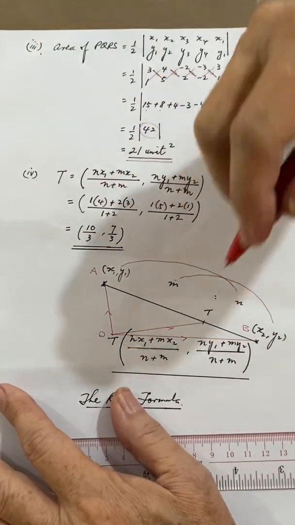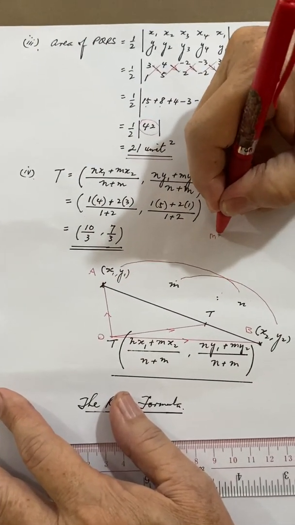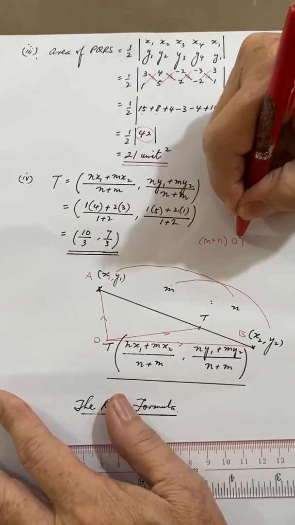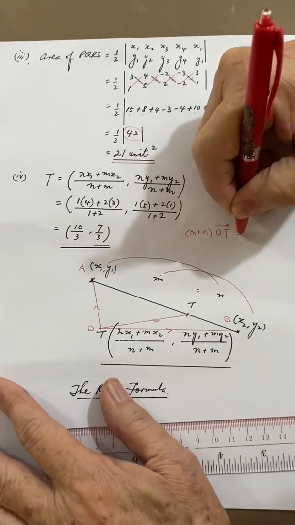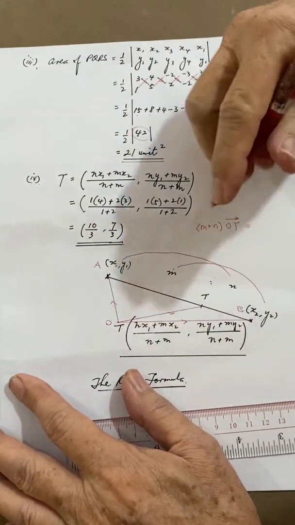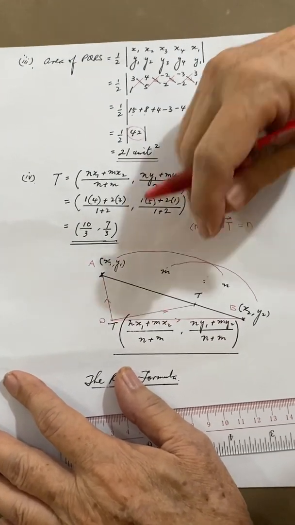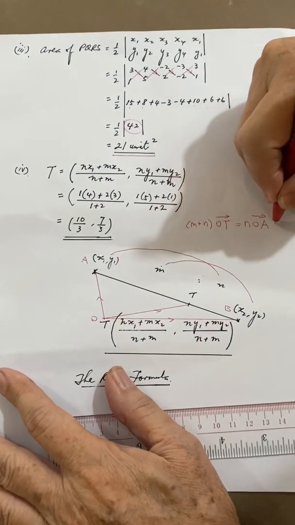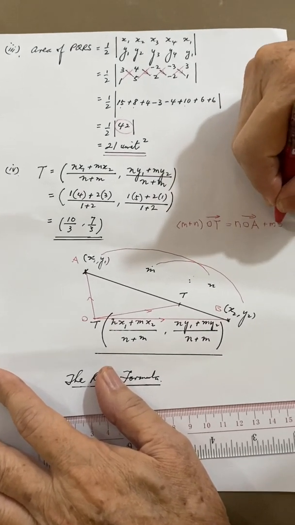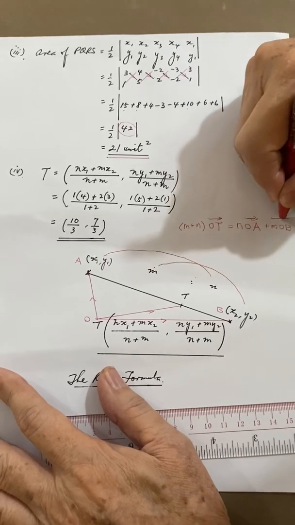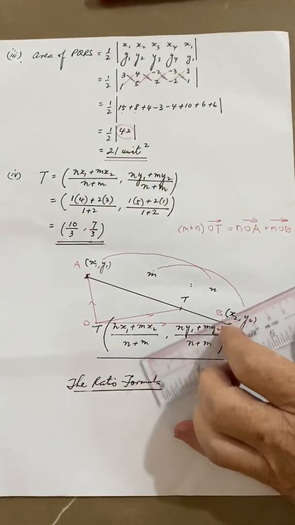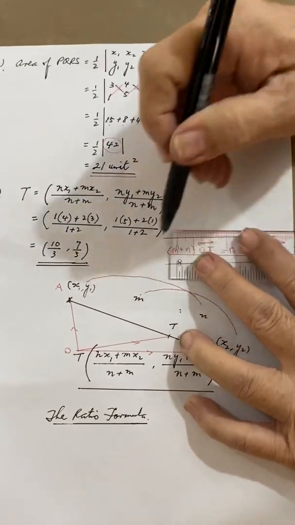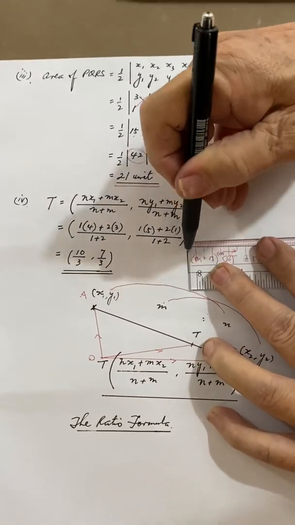That means you can write (m plus n) times vector OT equals n times vector OA plus m times vector OB. Now this is a very useful formula which we will use in vectors when we come to it.